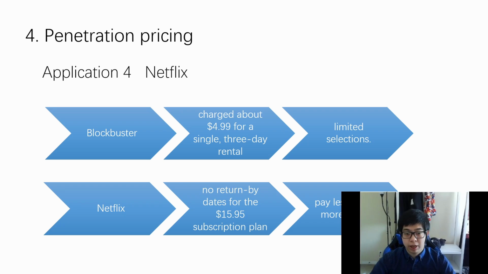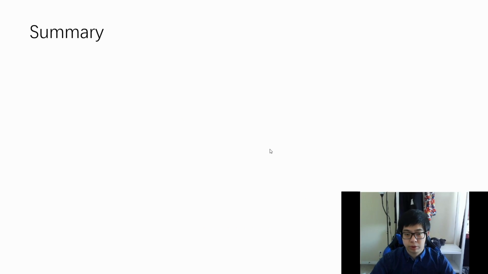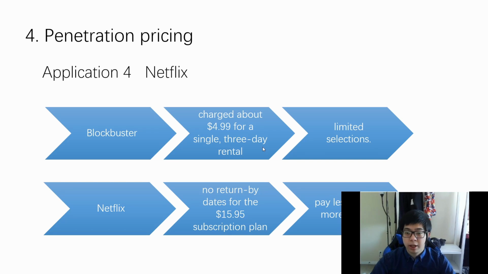Penetration pricing allowed Netflix to build its subscriber base and raise profitability in 2003, 5 years after opening. The low initial price point let consumers test the new service and make the switch.